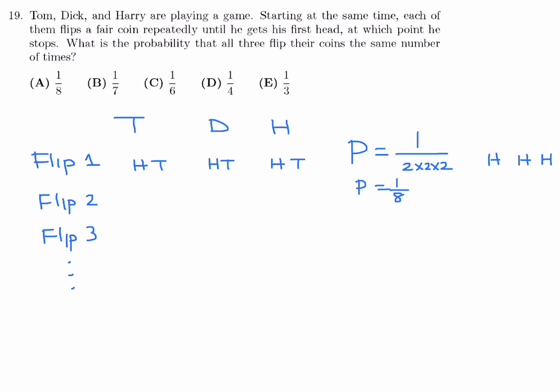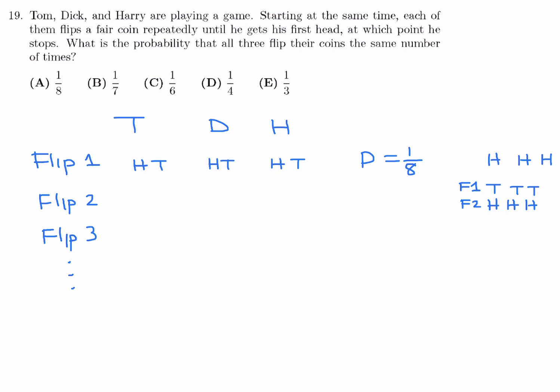Now let's say they all get heads on flip number 2. So H, H, H, but this time on flip number 2. Well, the only way they could have ever gotten to flip number 2 is if they all had tails on the first one. Because if any of them got heads, the game stops. So they must have gotten tails, tails, tails on flip number 1, and then heads, heads, heads on flip number 2.